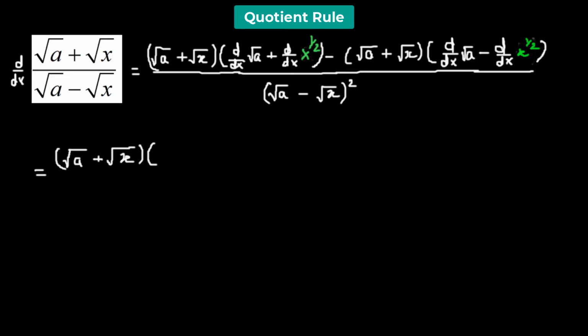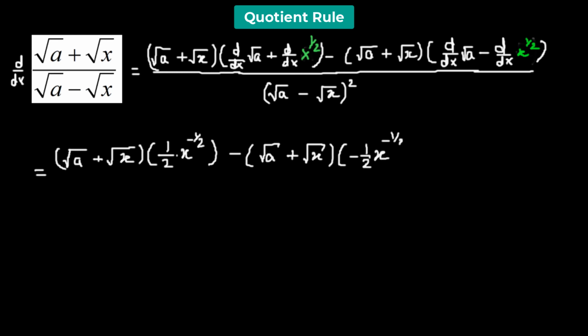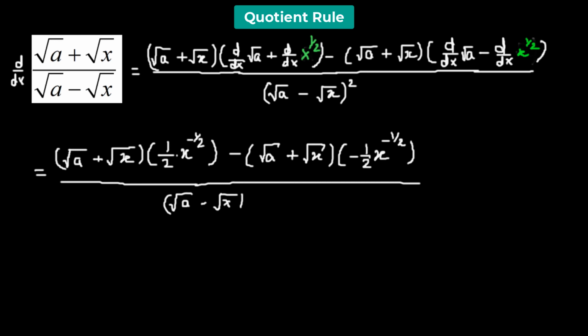So this will give us, using the power rule, half times x raised to the power of half minus 1, which will be negative half, minus the square root of a plus square root of x times differentiation of square root of a will be 0, so we have negative half times x raised to the power of negative half, all divided by square root of a minus square root of x whole square.